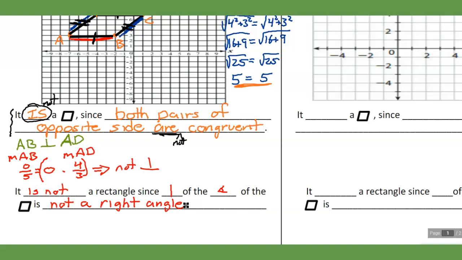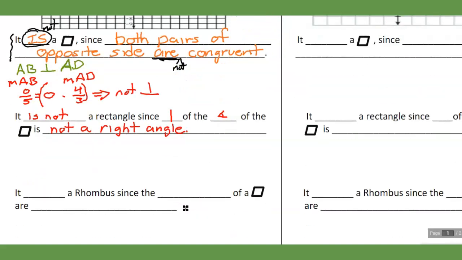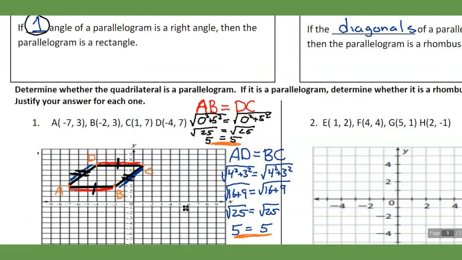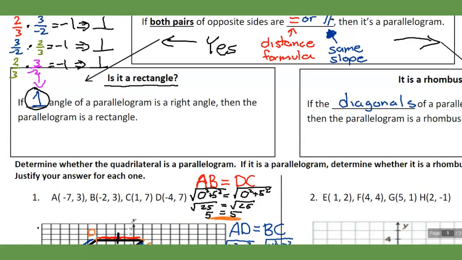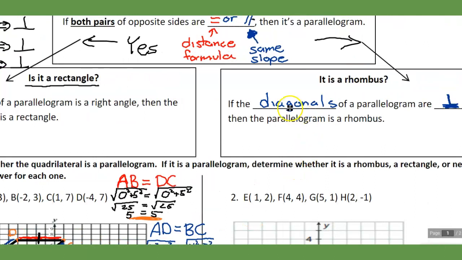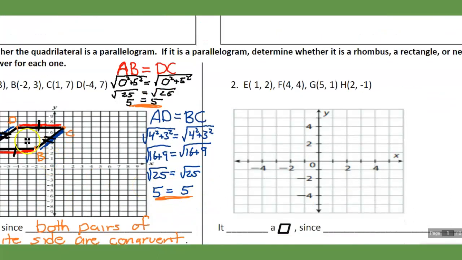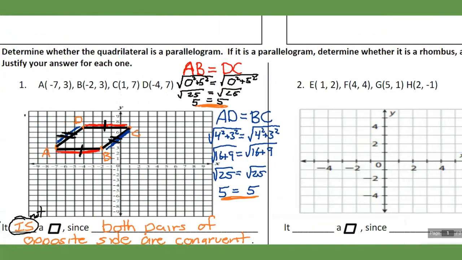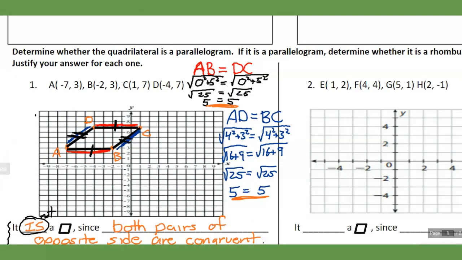So next is to check to see if it is a rhombus, right? And the easiest way to do that is usually to check to see if the diagonals are perpendicular. So we don't have the diagonals drawn on here, so probably want to draw those out first.